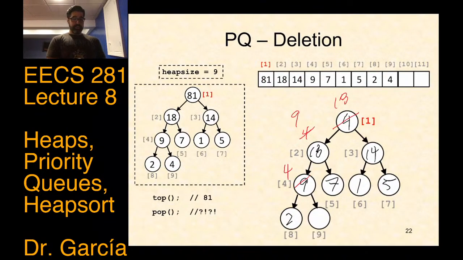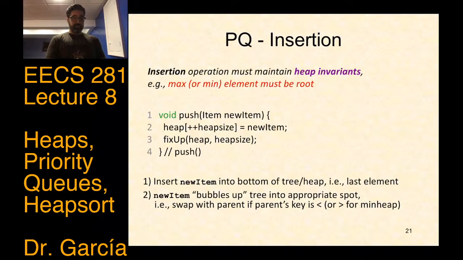Here is the code for push of a priority queue, assuming that you're using a binary heap behind the scenes. So this is basically adding the new element to the end of the vector by pushback. I mean, you could use pushback, but here we're doing it with a straight up array.